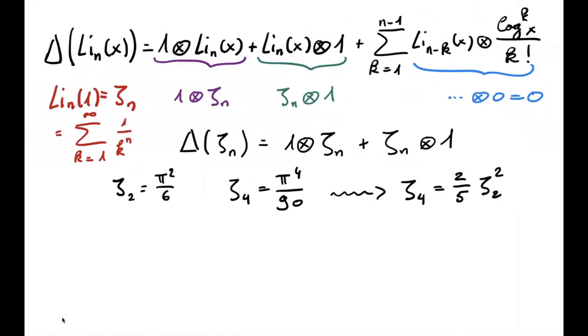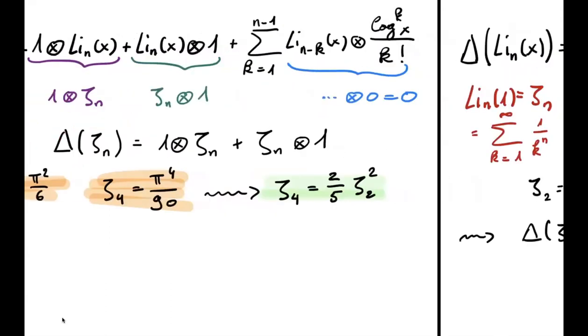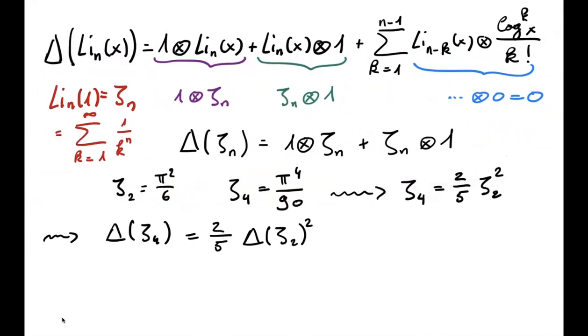But now recall that zeta 2 is actually pi squared over 6, and zeta 4 is pi to the 4 over 90. So you can relate them in the following way. But now recall this rule that we had two slides ago about delta of A times B. Well, delta is linear, so I can just pull out the 2/5, and delta respects multiplication, so I can just pull out the square.